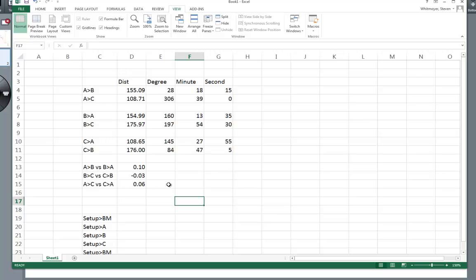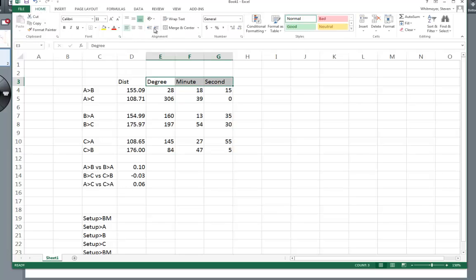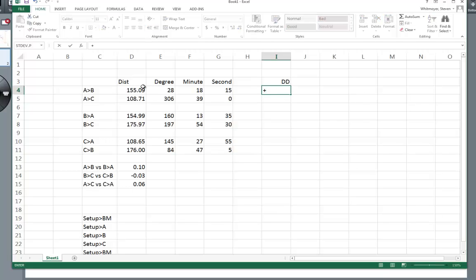Let's check the angles now. So this is in degrees, minutes, seconds. Now I want this in decimal degrees because I want to be able to calculate this a little bit easier. So decimal degrees is the degree plus the minute divided by 60 plus the second divided by 3600, 60 times 60.